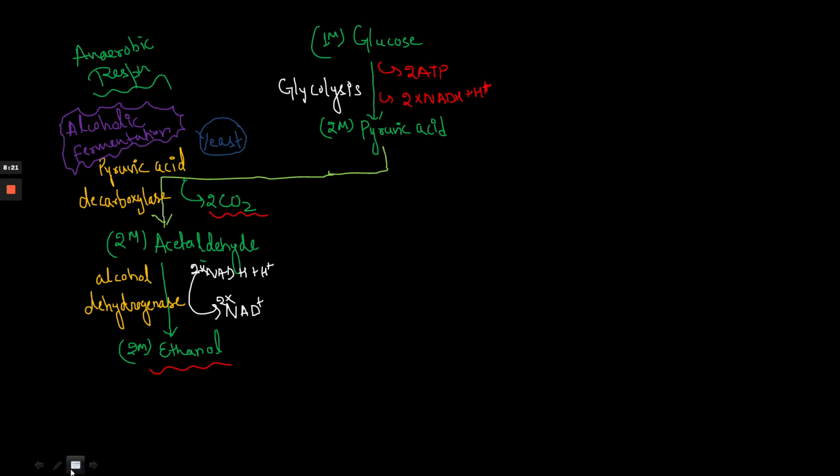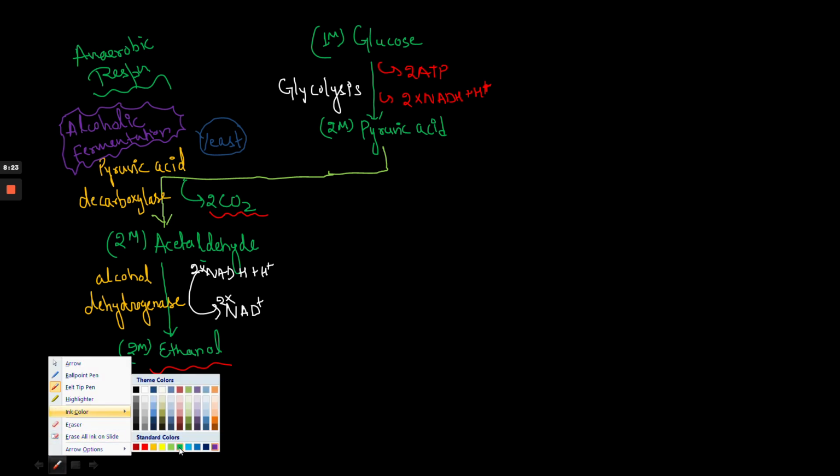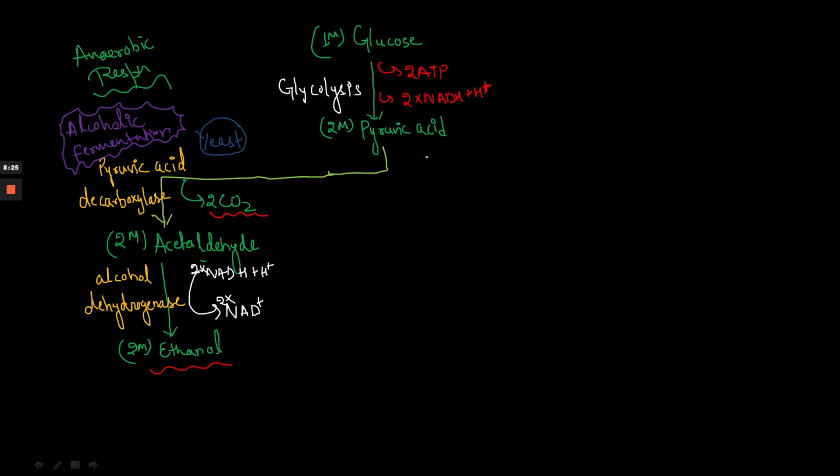Okay, now let us talk about another type of fermentation. So this was the condition when it was occurring in yeast cells. Now if this reaction is occurring in a human muscle cell or animal muscle cell, then what is going to happen? Then this pyruvic acid is going to get converted directly into lactic acid.